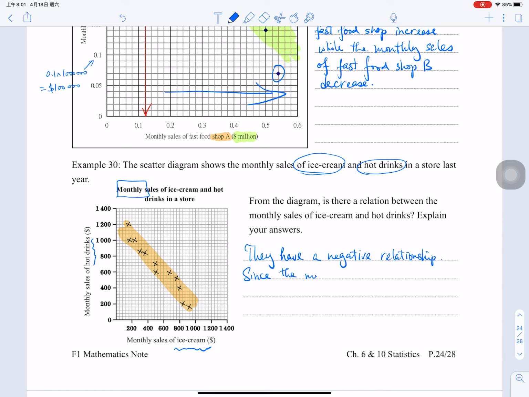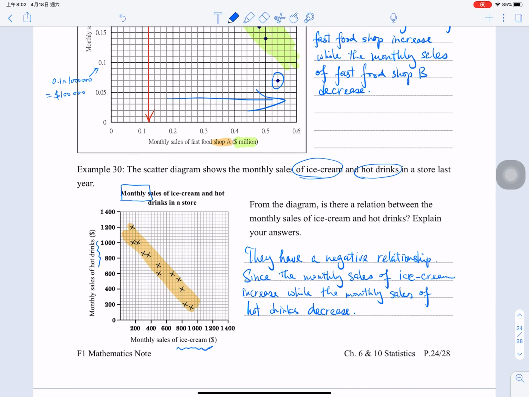Since the monthly sales of ice cream increase, while the other one, the hot drinks, decrease. Okay, so this one is easy. You can see the relation between two sets of data. Later on we'll have a look at how to construct a scatter diagram.